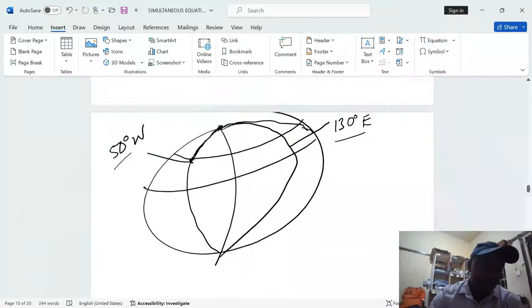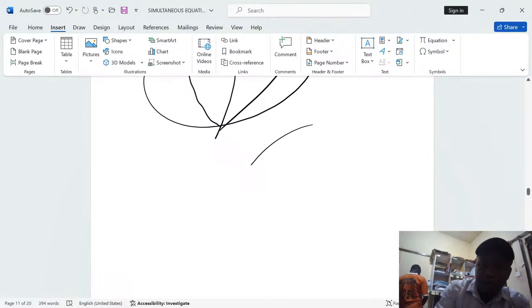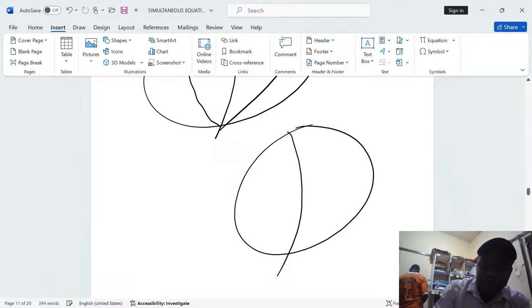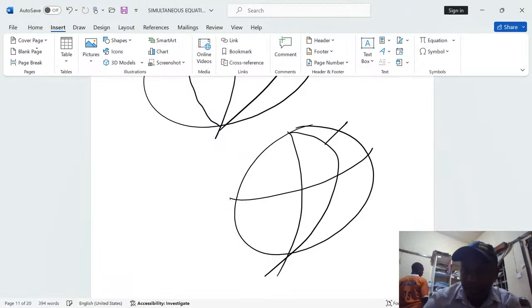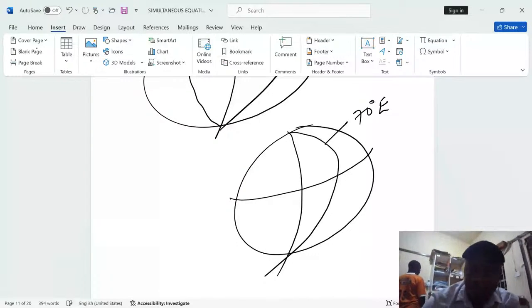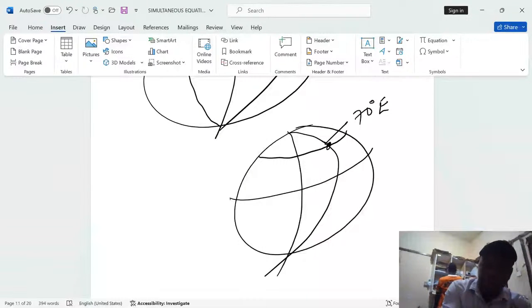You move to the pole following 50 in the west, and automatically you will enter 130 in the east. If you use another example, let's say this is the prime meridian, this one is the equator. Let's say there is a place here, let's say 70 degrees in the east. And now there is the latitude there. You are moving along 70 degrees in the east. Then you move to the North Pole and you fail to change the route.